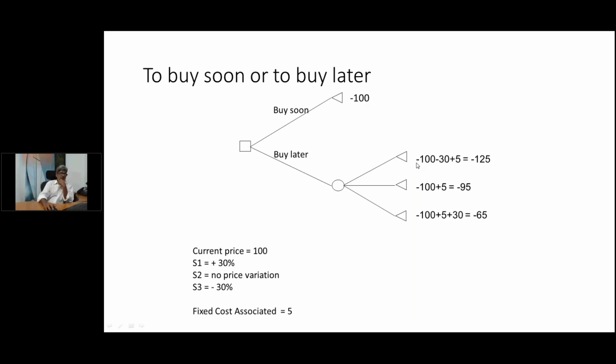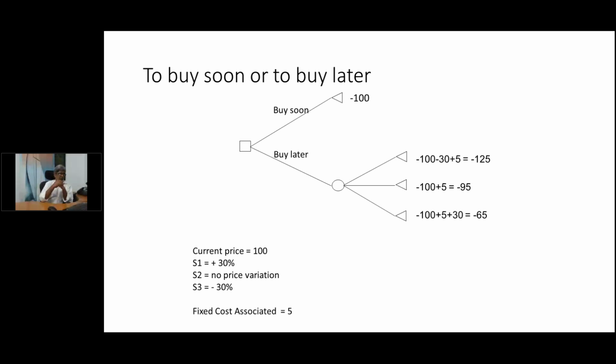The first case is that the price is increased by 30%. It simply means that 30 is added to 100, and then plus 5 is the fixed cost. So 125 rupees you need to pay if you buy it later.